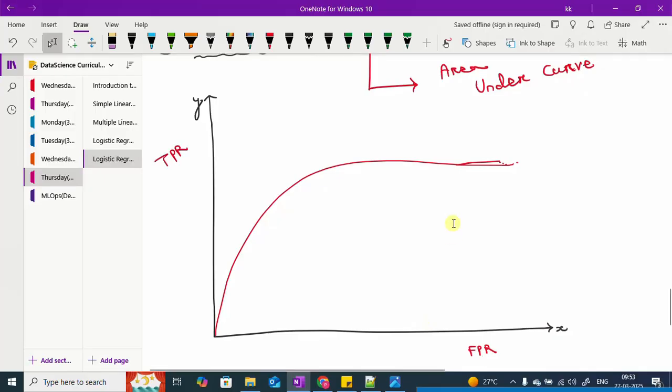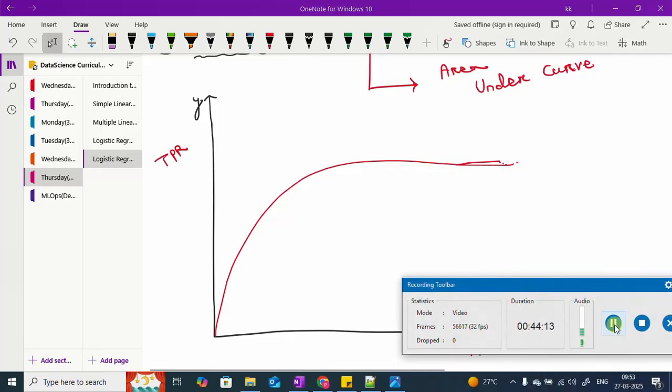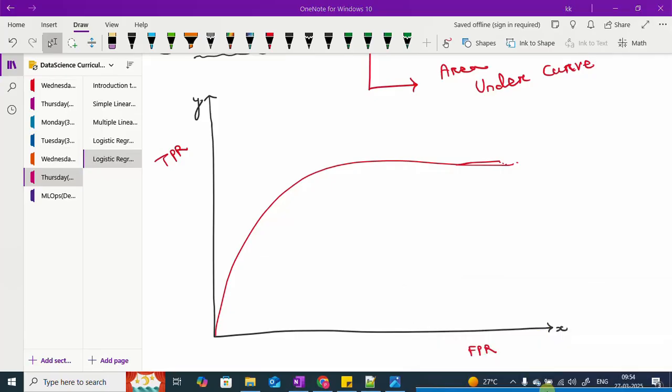What happens? Something got disconnected. So if I draw the diagram between FPR and TPR, false positive rate and true positive rate, and if I draw the dotted line, it will touch somewhere on the y-axis and x-axis.